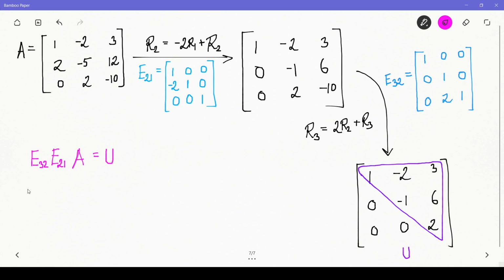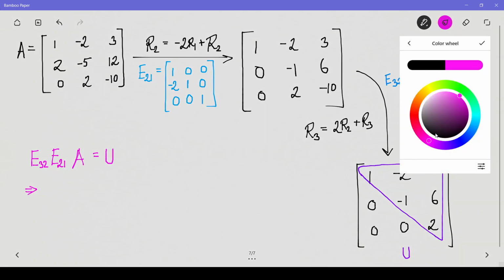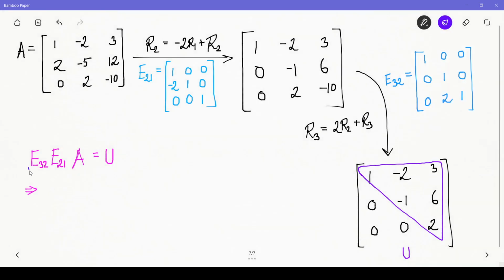So how can we find out the value of L? Why not take all of these elimination matrices and take them to the left hand side of the relation over here? So we have A remaining at our left hand side, and if I take E 2 1 to the left, I get E 2 1 inverse.